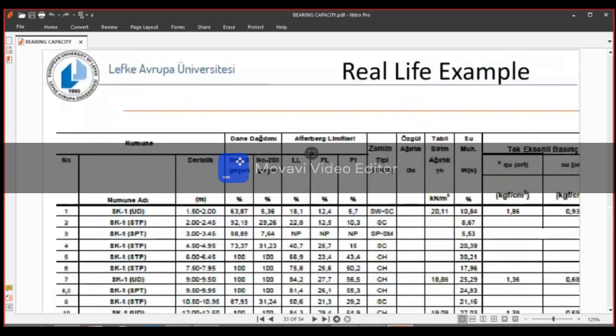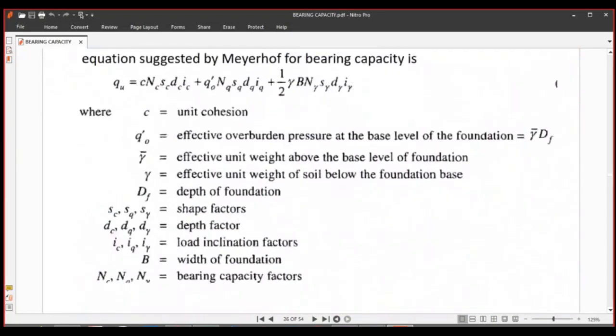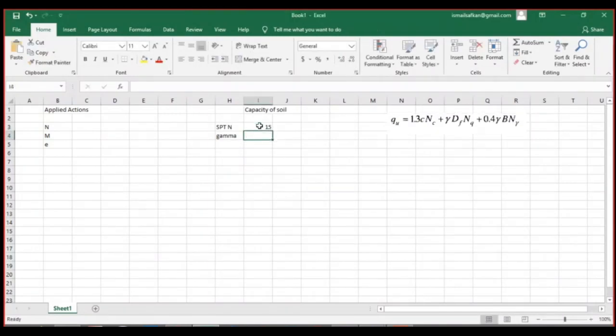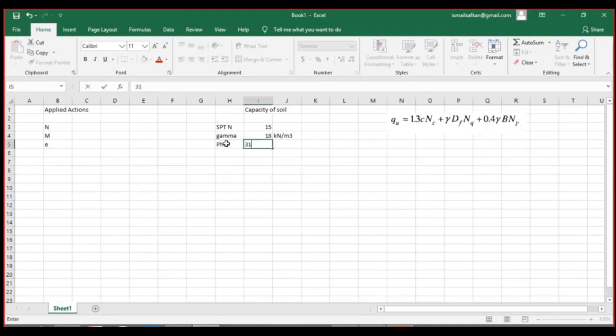So for 31, let's write this to Excel. SPT N 15, this is 18 kilonewton. By 31, and you're looking for Nc, N gamma, and Nq.